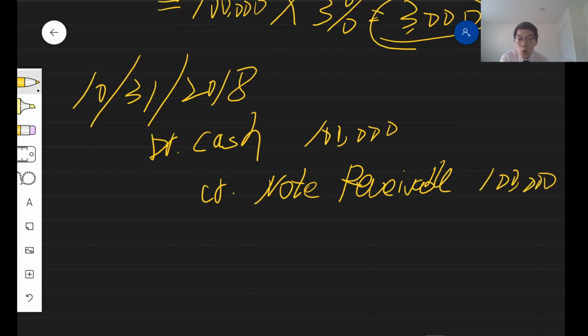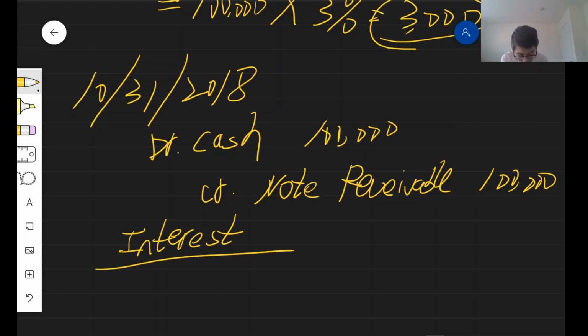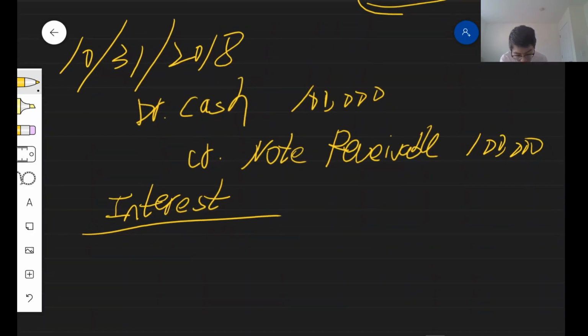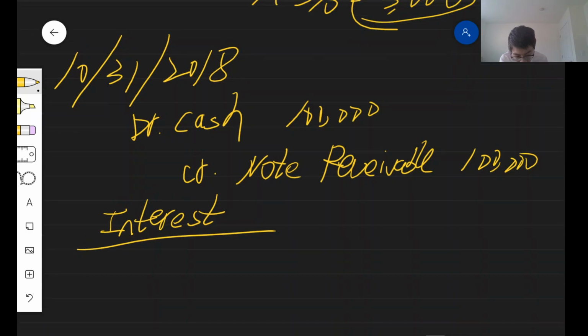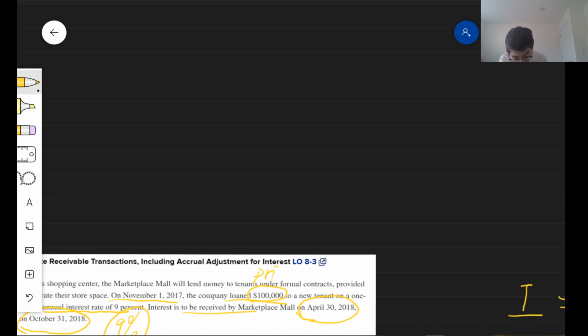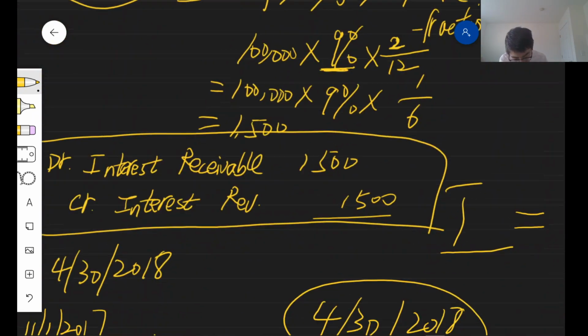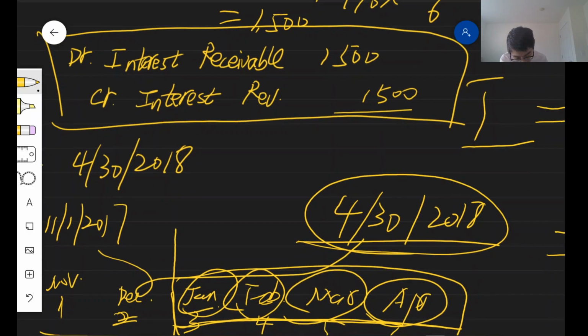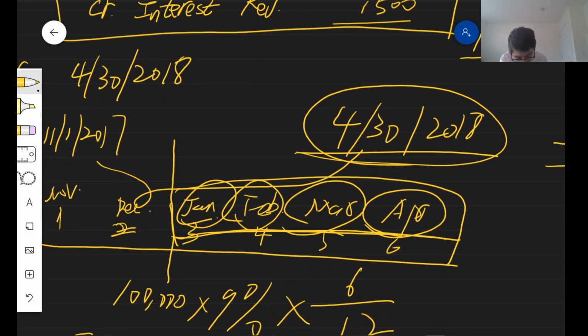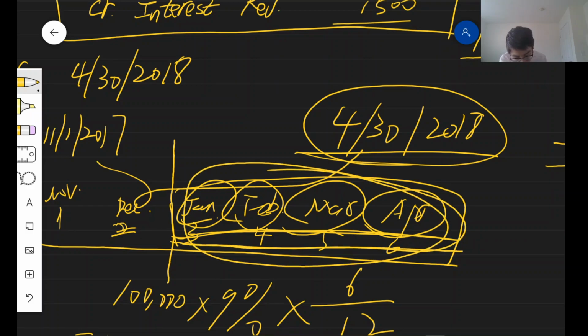Now we are talking about interest. From the above, on April 30th, we already recorded interest revenue for 4 months, January, February, March, and April.